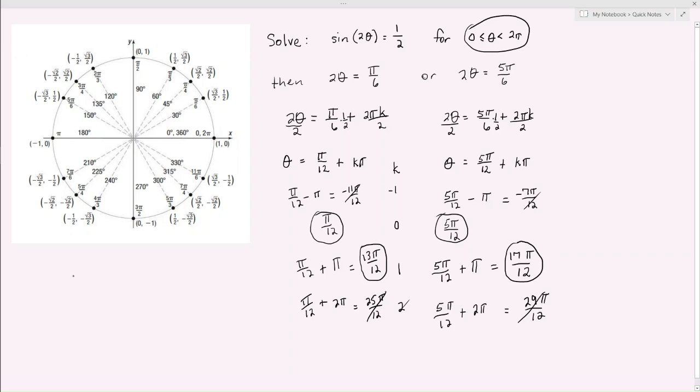Okay, so our solution set is pi over 12, 5 pi over 12, 13 pi over 12, and 17 pi over 12.